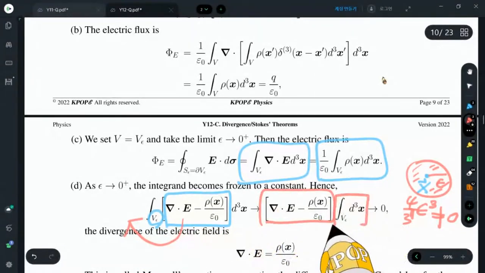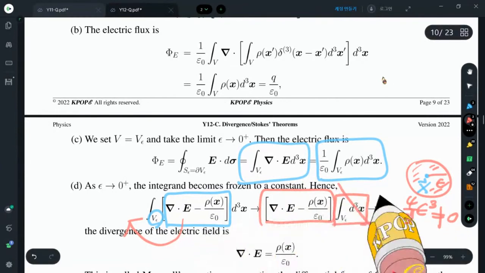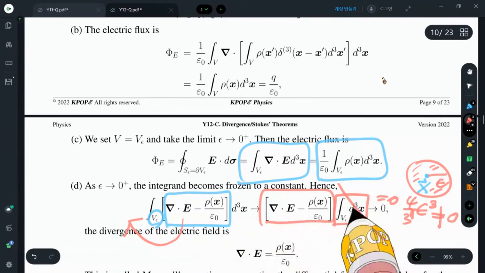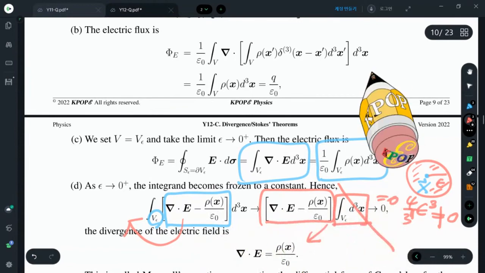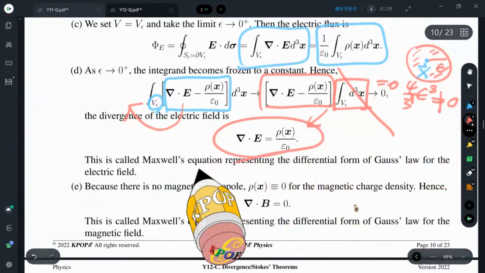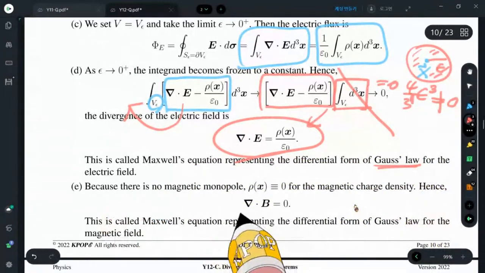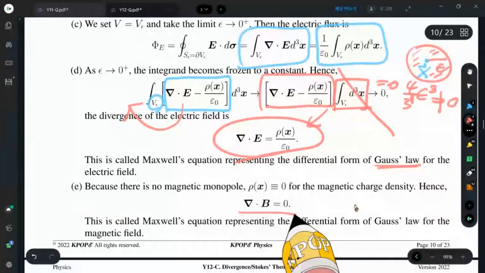This one is multiplied by the volume, even though it is tiny, non-zero. So I can divide. Because it is zero, we have reached the Maxwell's equations representing Gauss's law for the electric field and Gauss's law for the magnetic field.